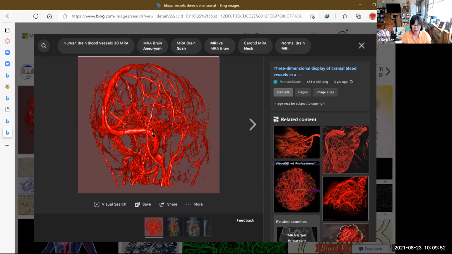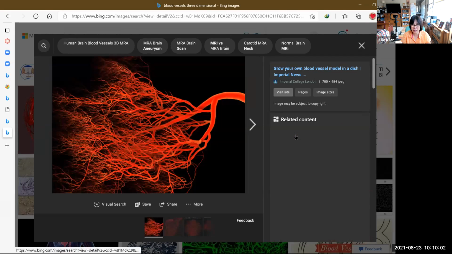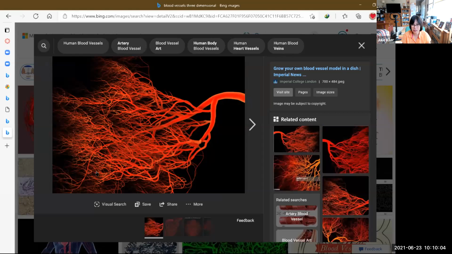So imagine like the head. This is even a simplification. You see that 3-dimensional, how much, yeah? You see those branches? And they work together, so that's how, in 0.8 second, they contract and then eject all over the body.